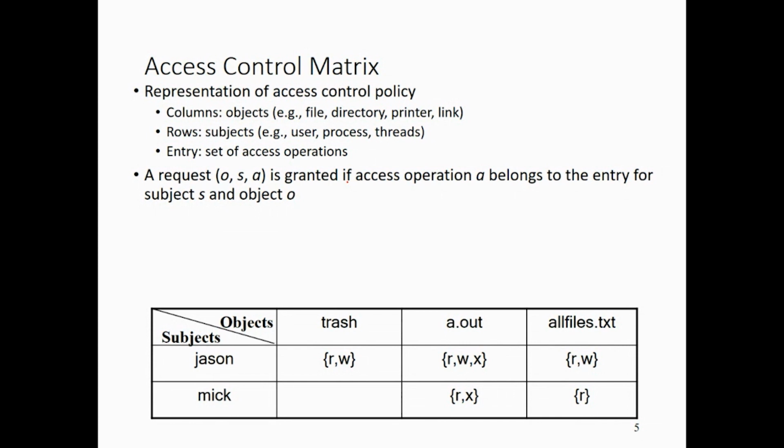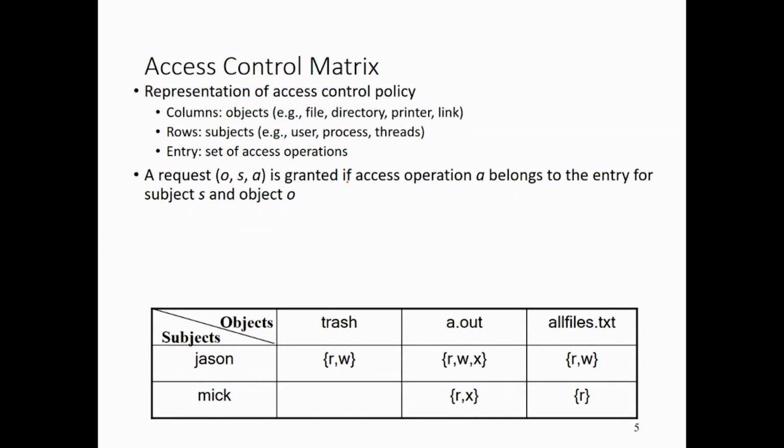So, for example, who can access the file in the trash? Who can access the file a.out? Who can access all text files? And we have two subjects, or two users, or two entities, Jason and Mike, and we are defining a set of entries.